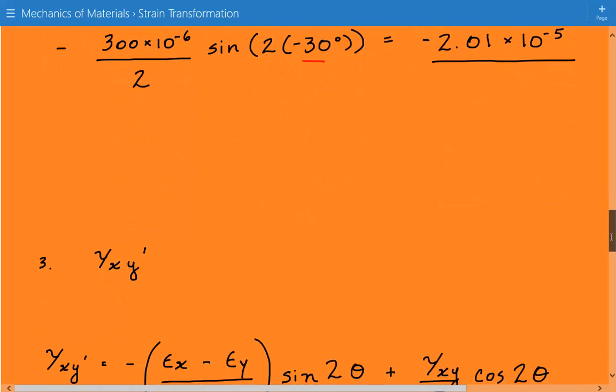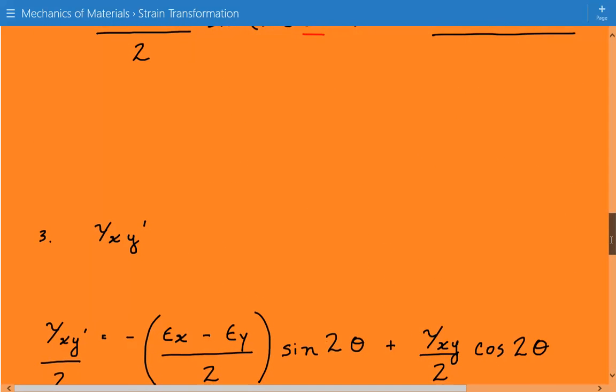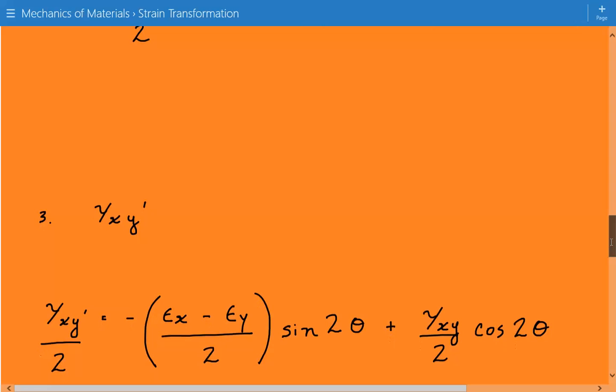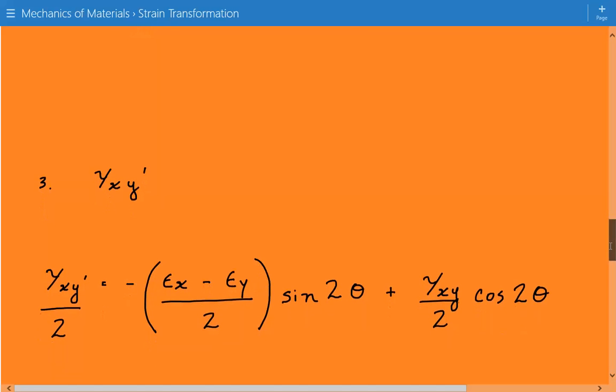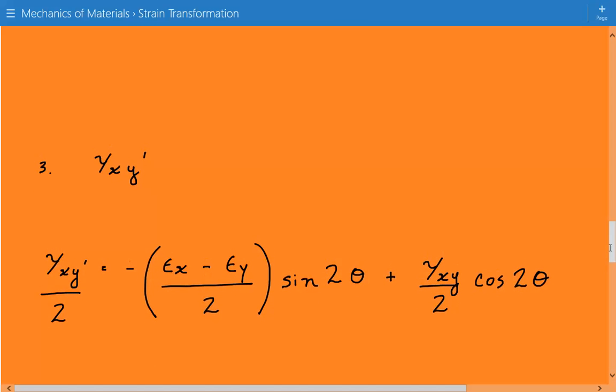And lastly, we're going to calculate the shear strain in the transformed coordinate system. So here's a formula for shear strain. The transformed shear strain divided by 2 equals negative epsilon x minus epsilon y divided by 2 times sine of 2 theta plus the original shear strain divided by 2 times cosine of 2 theta.